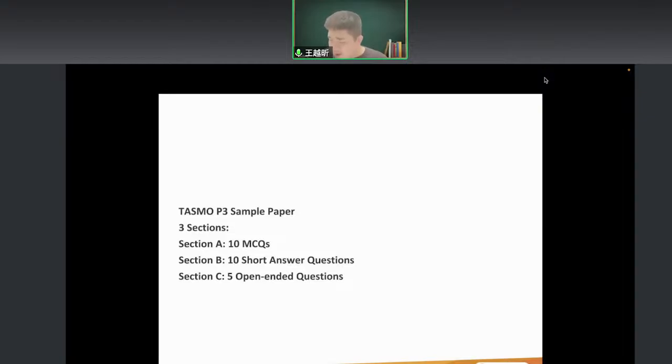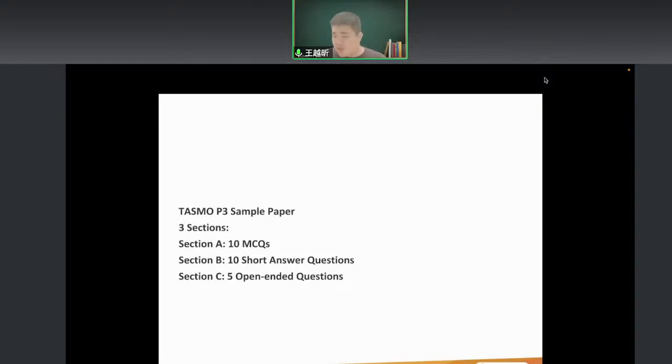Oh, I see some of you have tried the sample paper. I'll go through some of the most important and difficult questions, maybe the 5 open-ended questions in section C.